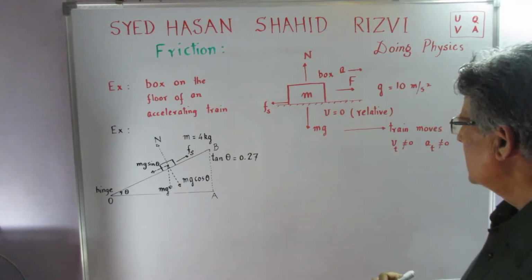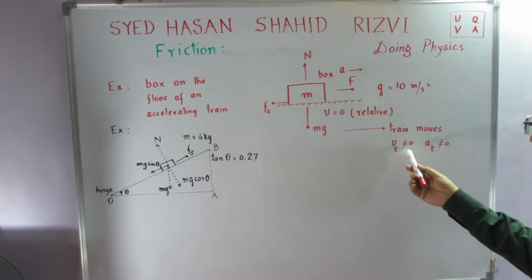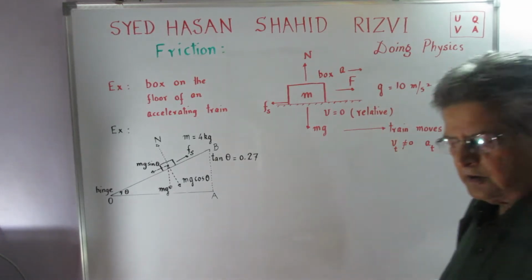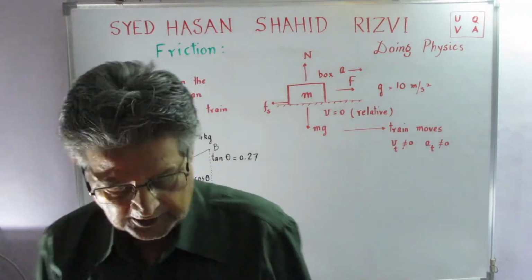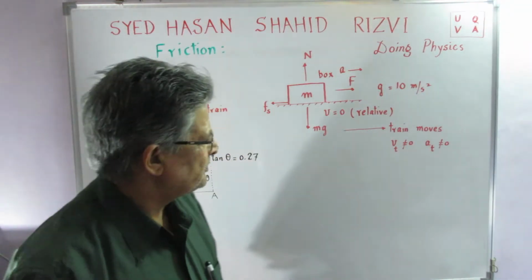However, the train may move with a velocity which is not equal to 0 and an acceleration associated with it which is not equal to 0.